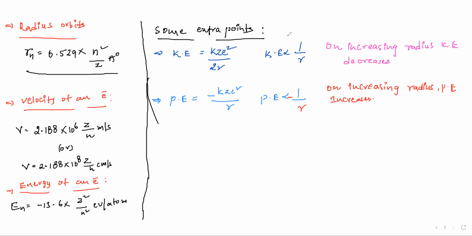And next, the total energy, E, is equal to minus K Ze square by 2R.